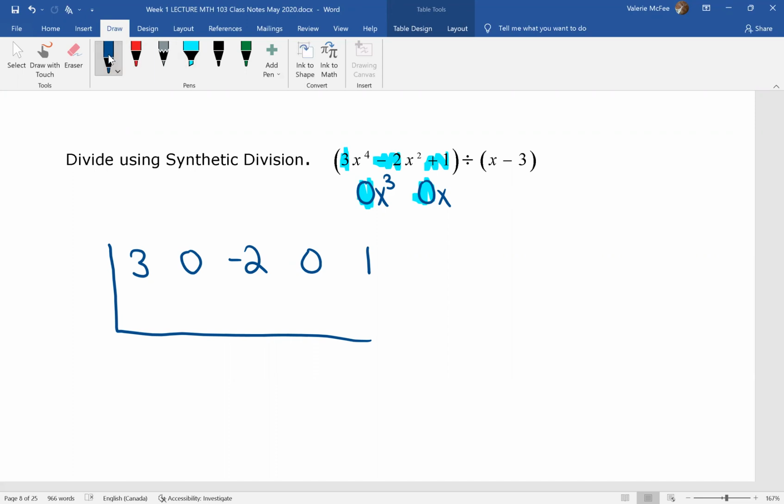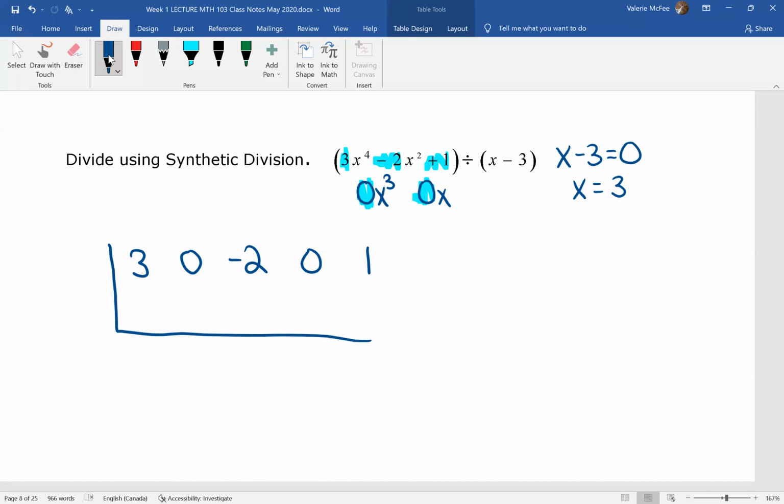Now we let the divisor equal 0 and solve for x. This number goes outside the division box, and we bring down the first term. Remember that now we're going to multiply and add. Why don't you do the next two multiplying and addition steps?